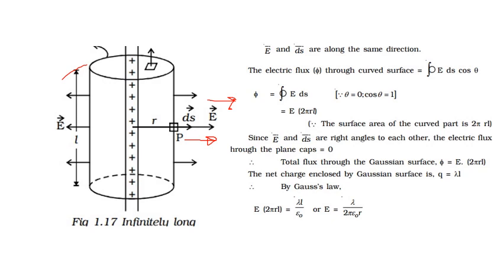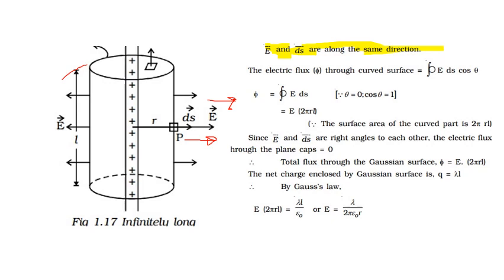Now we can say that on the curved side, E and dS are along the same direction. The electric flux phi through the curved surface can be written as E dS cos theta. We have done this in the last class.